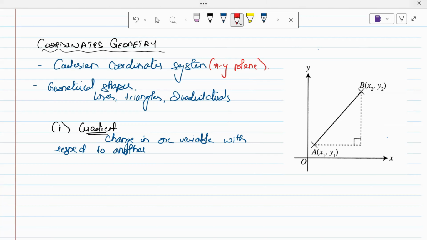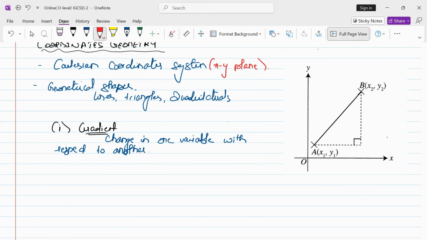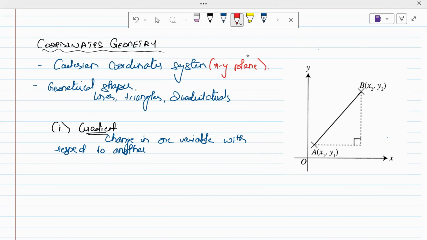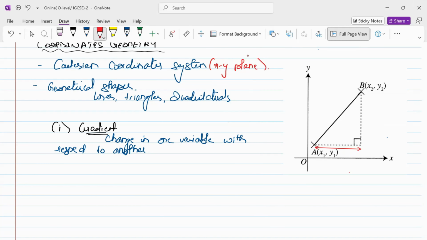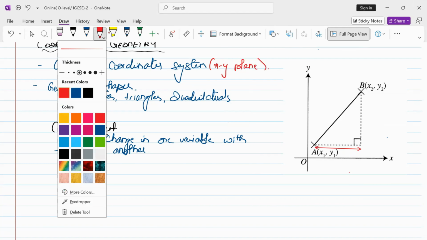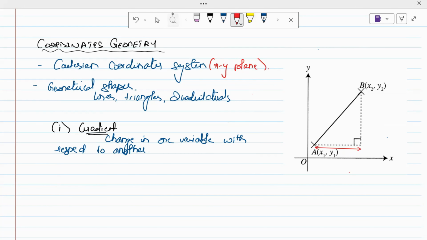Looking at this figure, we can see the two different changes along the two different directions. We can see the change in the x direction, and we can see the change in the y direction also.